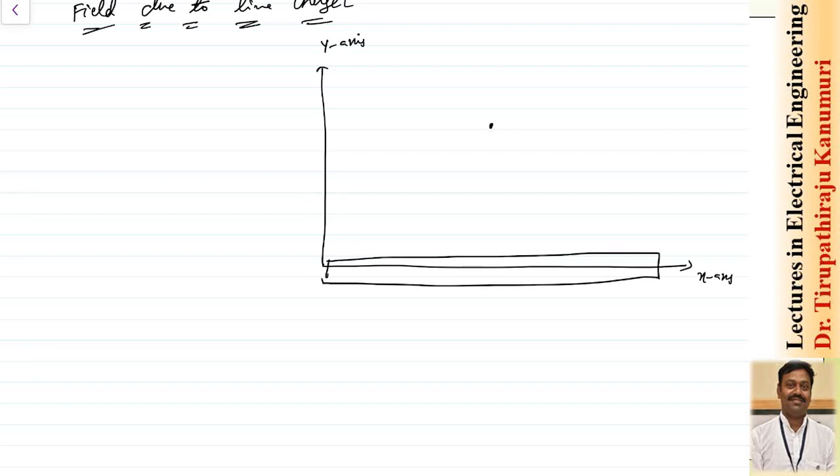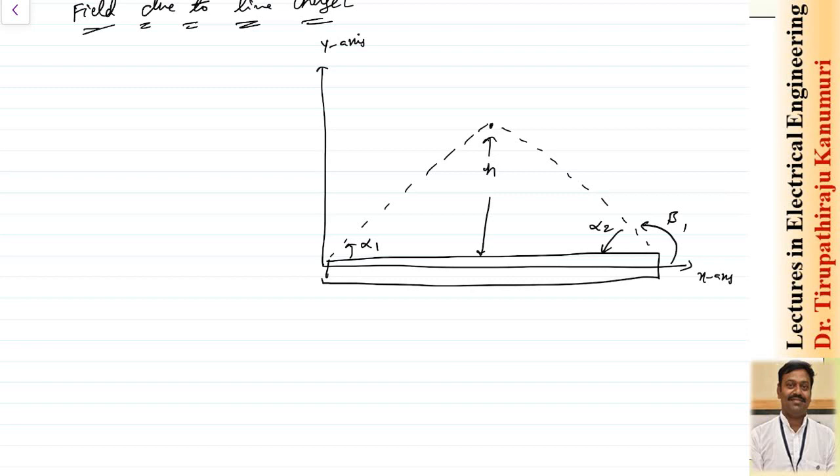I want to find the field at some particular point. Let us assume this is my point where I have to find. Let us take this is my height h with respect to this line charge. At this point, let us assume this line charge is making an angle of alpha 1. Similarly, the second edge of the line charge is making an angle of beta 1 with respect to this one, or otherwise we can tell that it is making an angle of alpha 2 with respect to the x-axis or y-axis, in this direction.